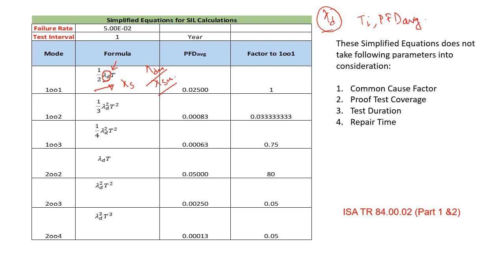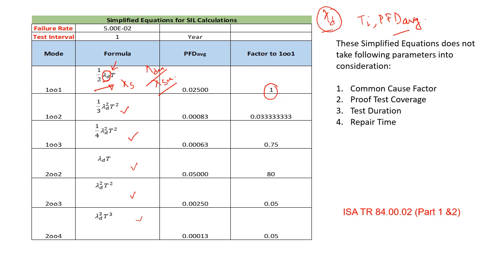Again, for all the other cases the equations have been denoted, and I have done a calculation taking a failure rate of 5e-2 and a test interval of 1 year, and this is the PFD average that is generated here. If you compare with 1 out of 1, you can see how they figure. For 1 out of 1, it is obviously the maximum, and all other cases become a fraction of that. This is what we need to see in this particular case.